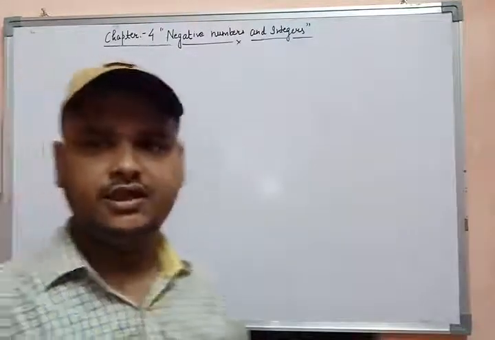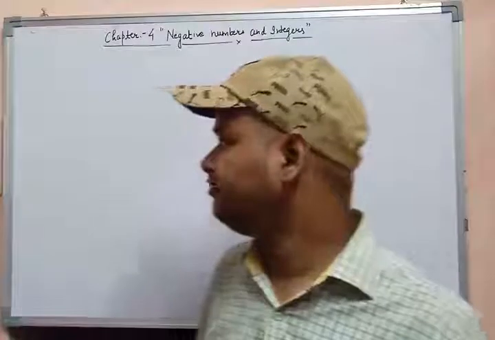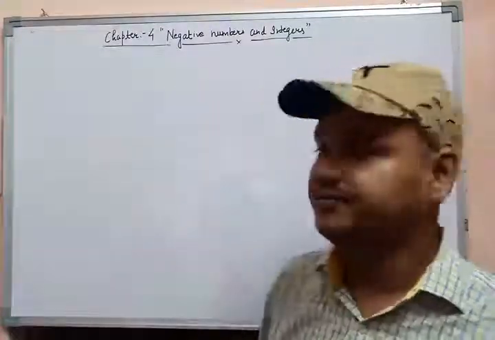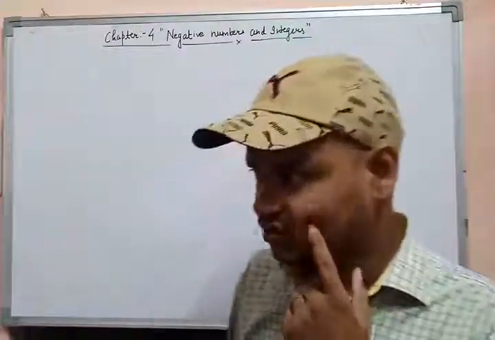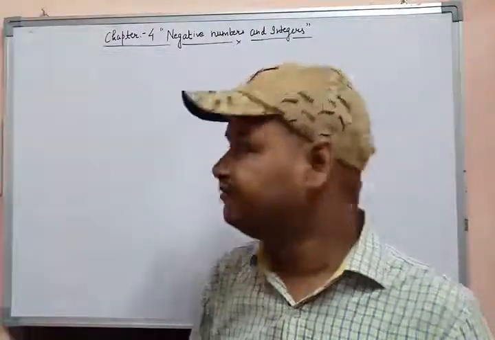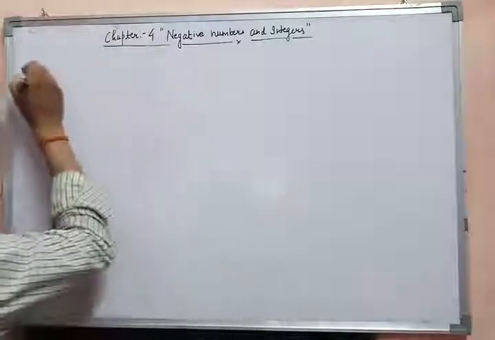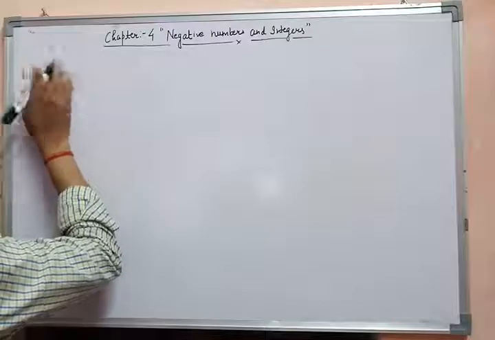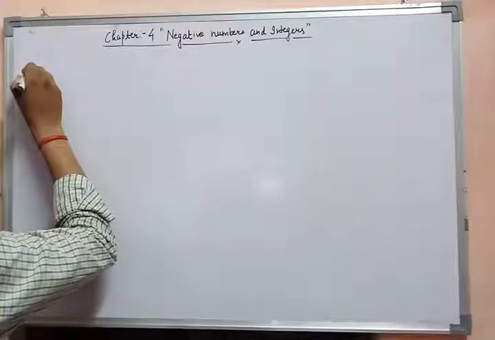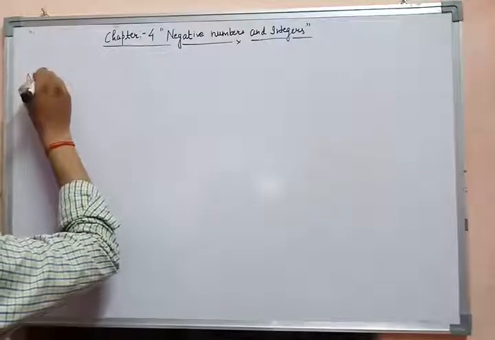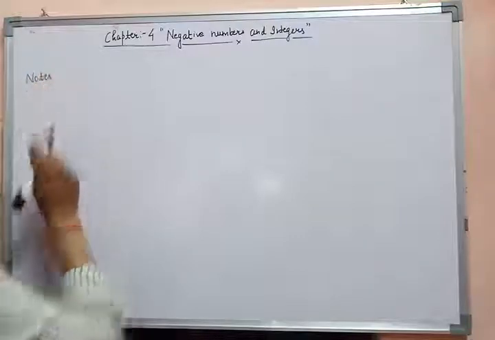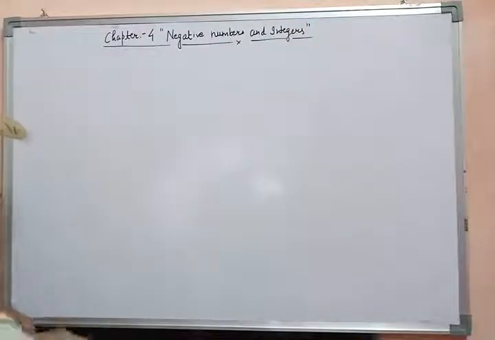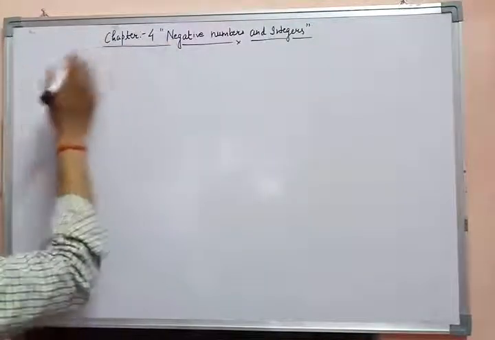Now students, this is the time to study some interesting facts related to this topic, negative numbers and integers. I am explaining one by one. First, notes. There are some interesting facts related to this topic.